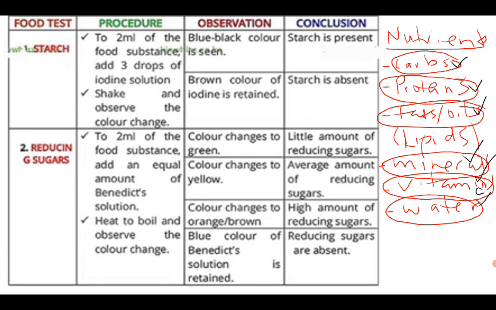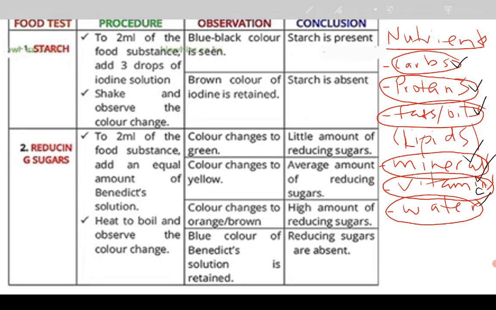You find starch quite often in foods like bread, cassava, maize flour, pasta, and other foods. You can carry out confirmatory tests to show that indeed these food substances contain starch.